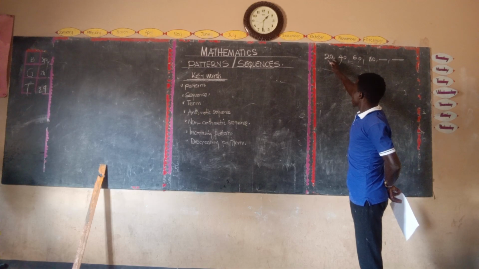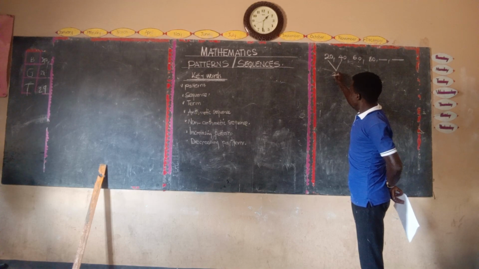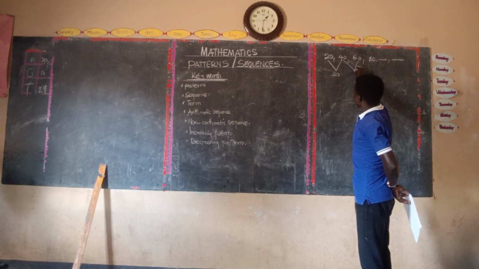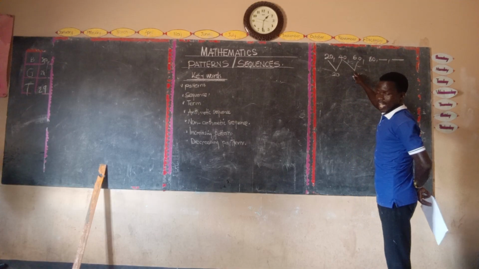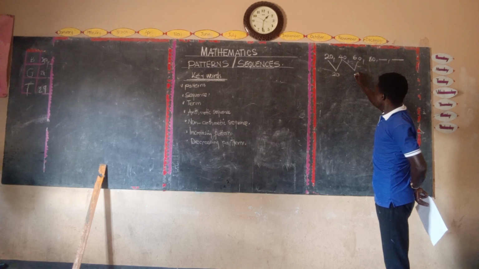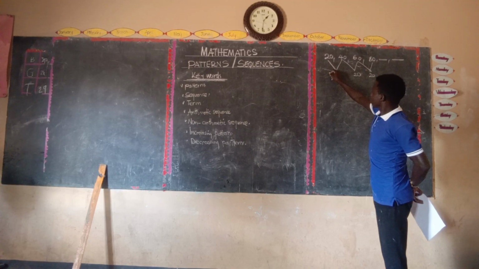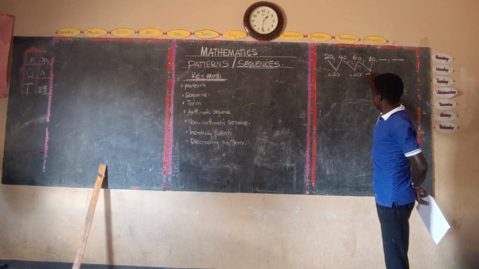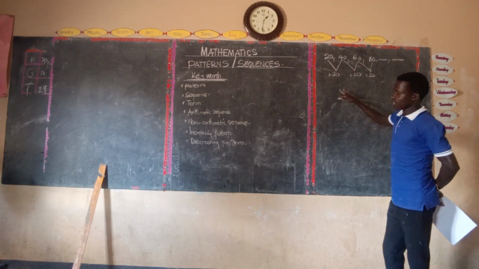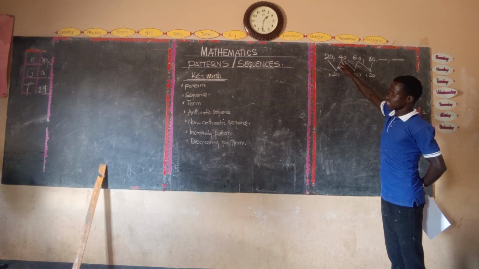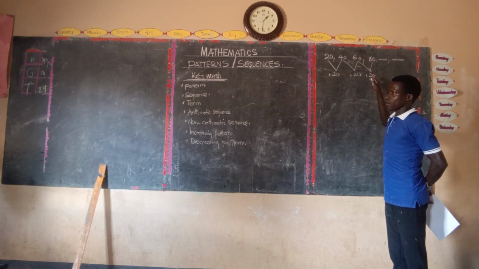Now when you look at 20 and 40, the difference between these is 20. Here also the difference between 40 and 60 is also 20. The difference here also is 20. And when you try to see this very well, you will see that they were adding 20 to the previous number in order to get the next number.